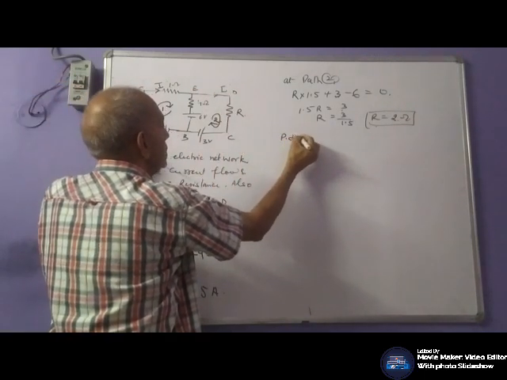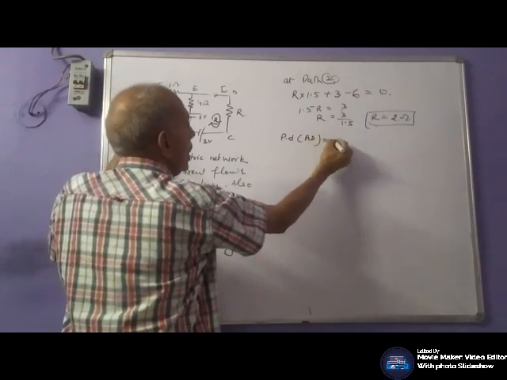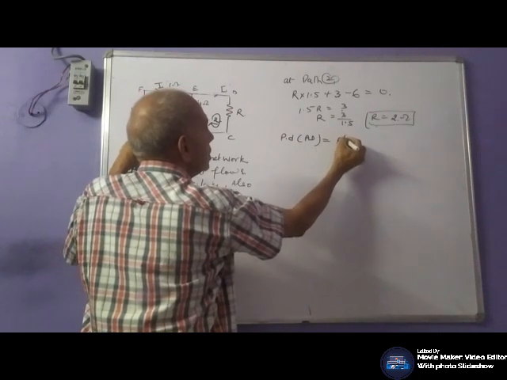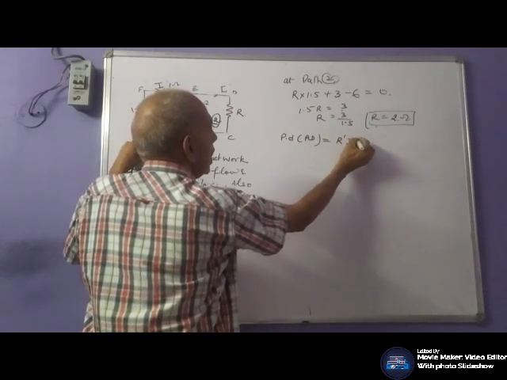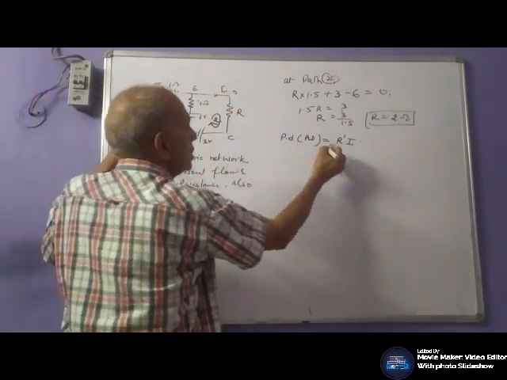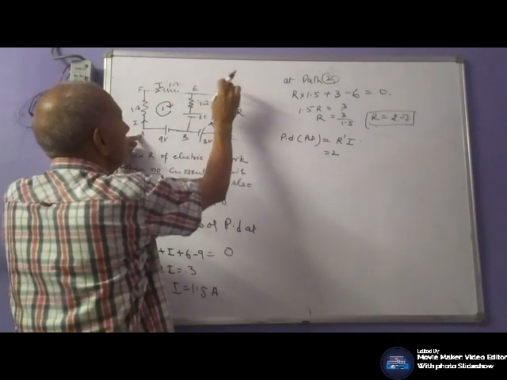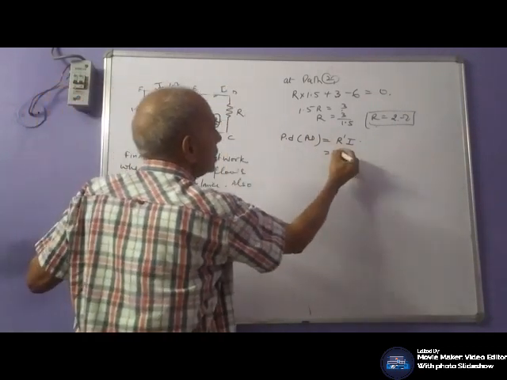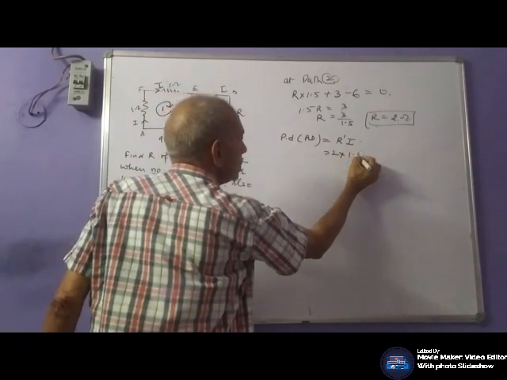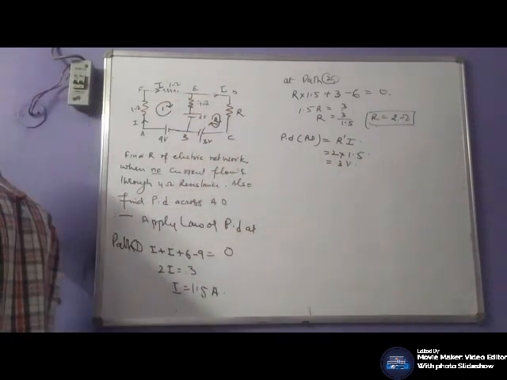PD, AD, R, I. Here to here, R is what? 2. 1 plus 1, I. I was what? 3 volt.